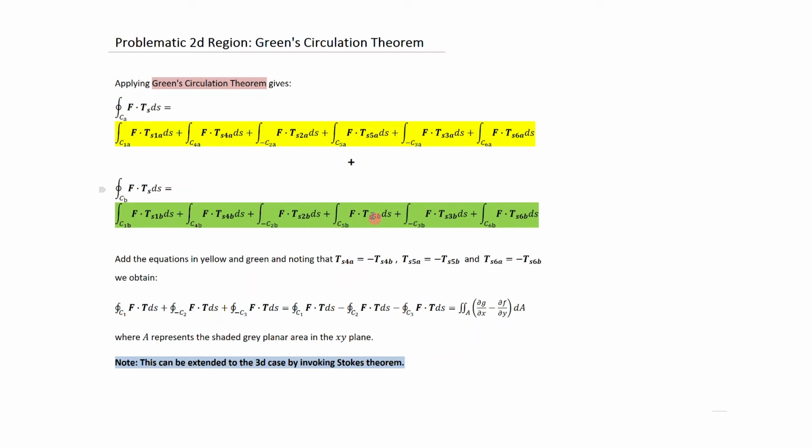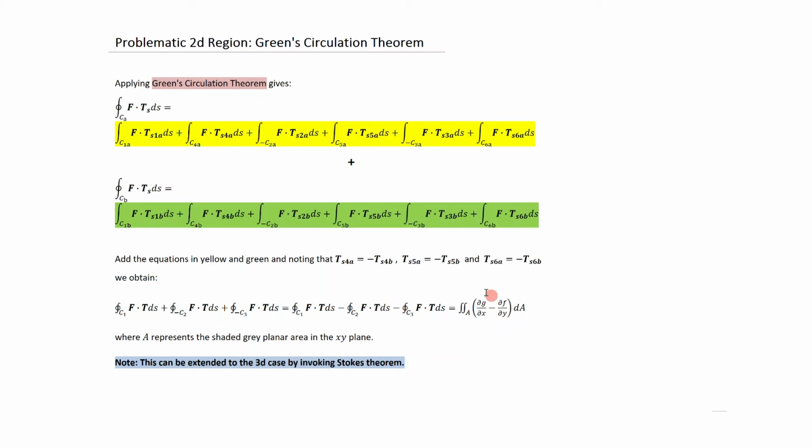Taking that into account, these cancellations give you a final solution that involves a closed contour of C1, a closed contour of C2, and a closed contour of C3. Of course, this is in the opposite direction, and this one as well, with regards to the conventional sense. However, we can make them all look the same by reversing the sign here and bringing a minus sign outside, as was done here. All right, so that means the contour integral has been taken care of. And on the right-hand side, we're just taking the 2 areas and putting them together through a union.